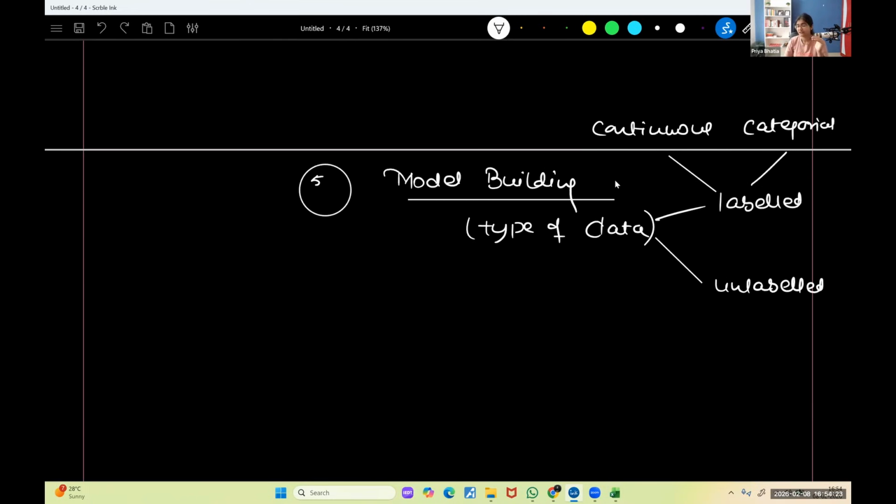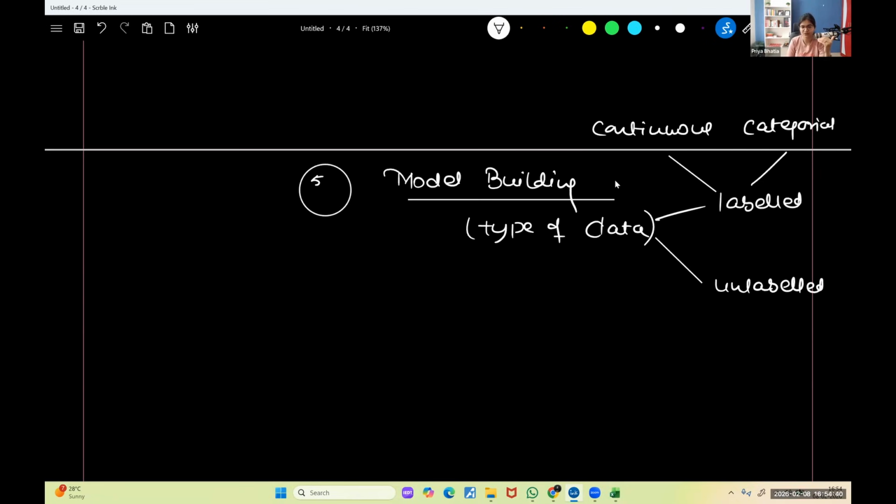There are so many different models in machine learning, which we will cover under the ML module specifically. For example, you might have heard of linear regression and logistic regression. We have ensemble models like random forest and XGBoost.